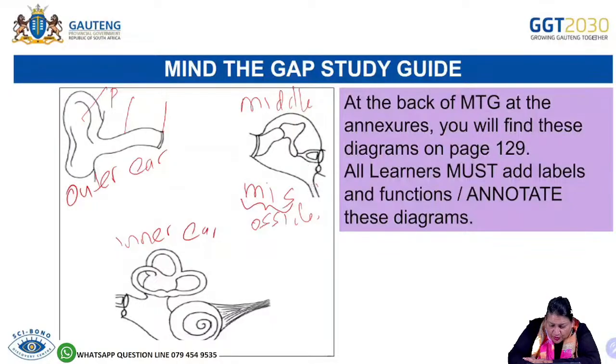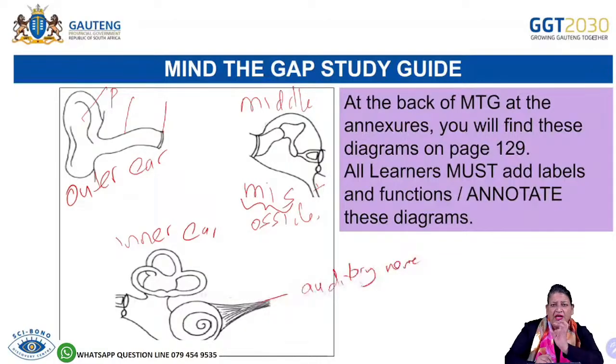And also don't forget that part there, that is called the eustachian tube. So here's your eustachian tube. So when you are talking about an annotated diagram, you got to put a label, like for example, you'll put the auditory nerve, and then annotated means next to it write the function, or give a little description about it.